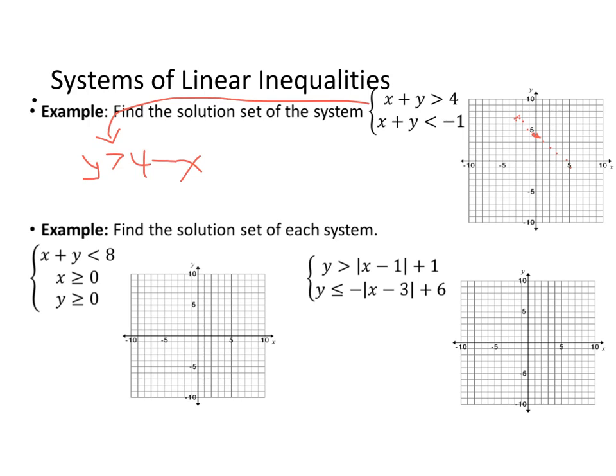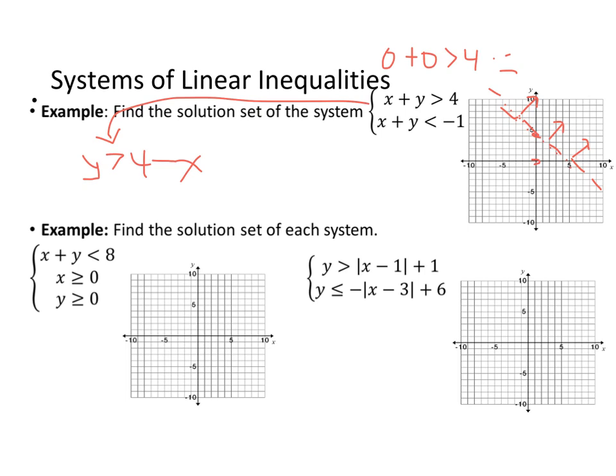Points are not going in the right place. And we will use a dashed line because it is greater than. If we were to test 0, 0, is 0 plus 0 greater than 4? No. So our arrows point away from our test point 0, 0.